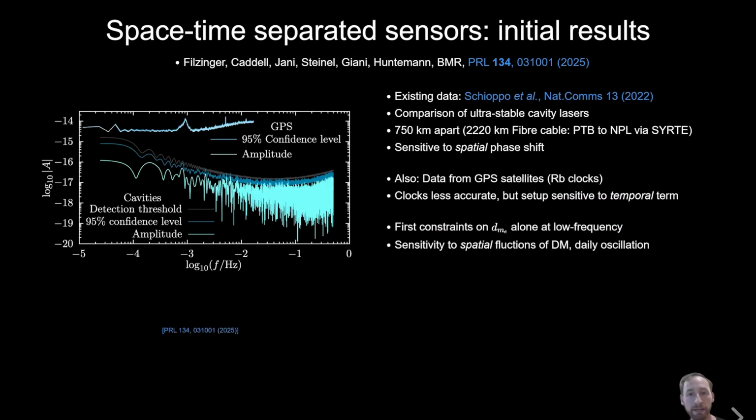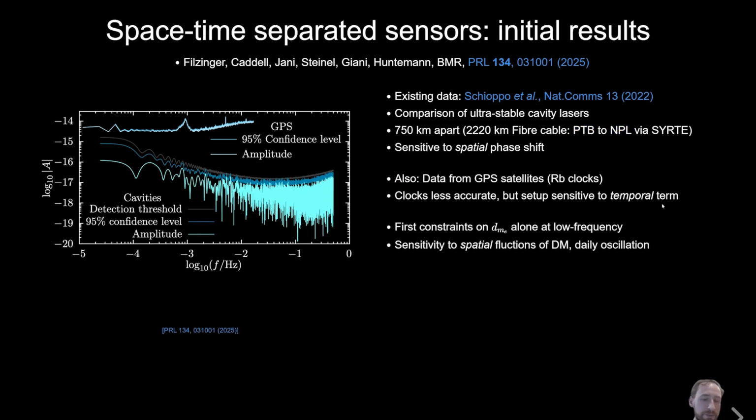Okay, so we did an initial search using some existing data. We used two data sources. One is from a comparison of cavity stabilized lasers across Europe. This is 2,000 kilometers of fiber optic cable between PTB in Germany and NPL in the UK.